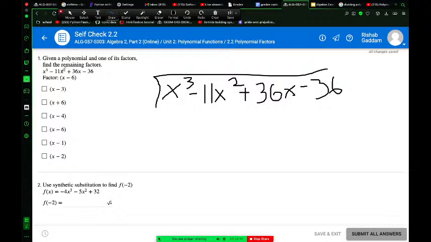Okay, and it says you have to divide it by x minus 3, right? So what we have to do is look at this, and look at this, and as you can see, this is x, and this is x to the power of 3. And so you have to multiply x by x to the power of 2. So x to the power of 3.